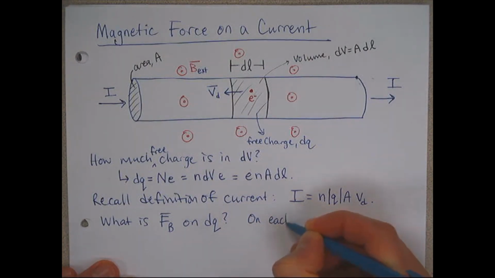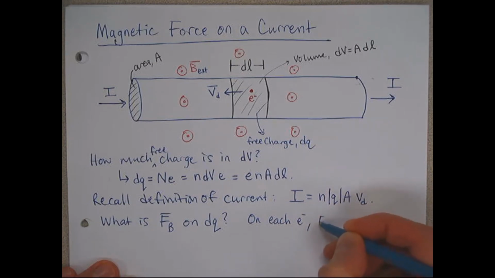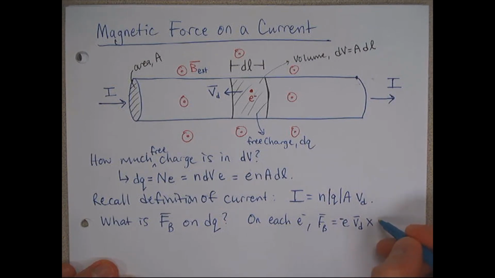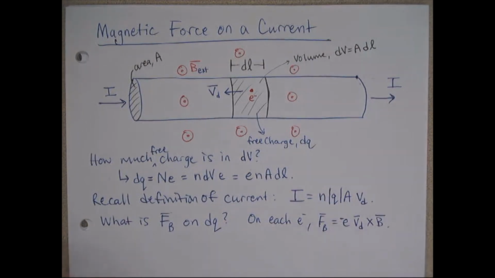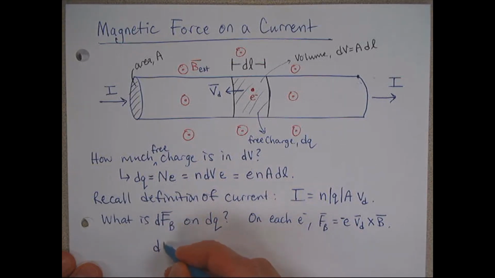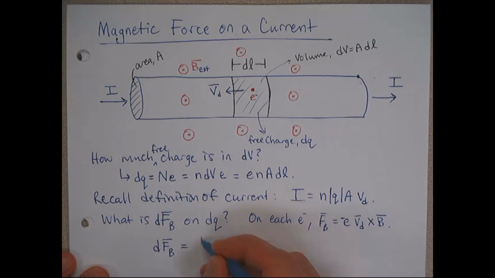You know, on each electron, the force we've studied previously is the charge on one, it's negative, vd crossed with B. So the infinitesimal force on dq is going to be the dq charge, drift velocity vector crossed with the B field.